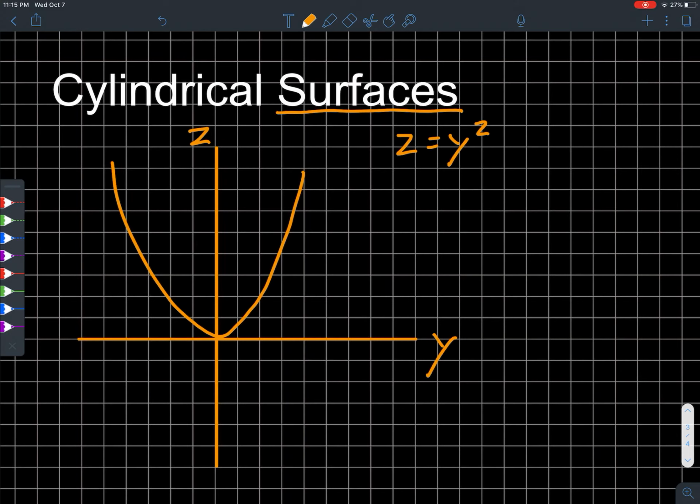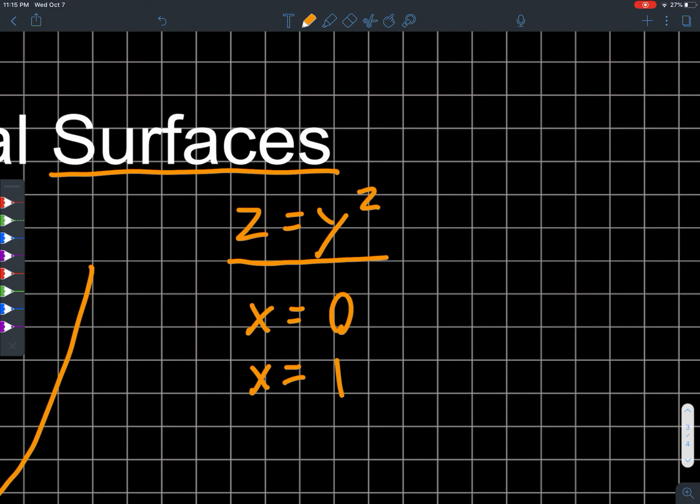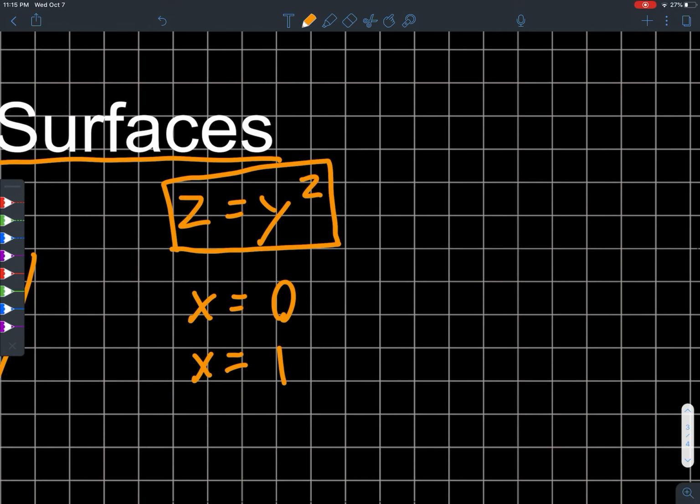And we know that this is true when x equals 0, that this parabola exists in the yz plane. But we also know it exists where x equals 1. Why do we know that? Because z equals y squared. So no matter what your x is, as long as a point meets the condition z equals y squared, that point is in our locus.